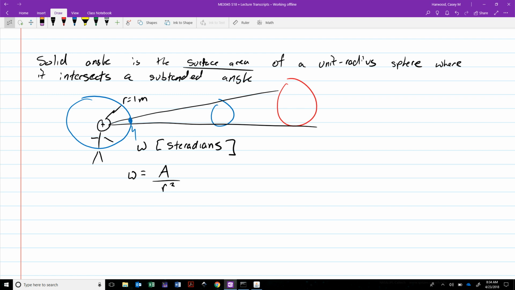We do so by using spherical coordinates.